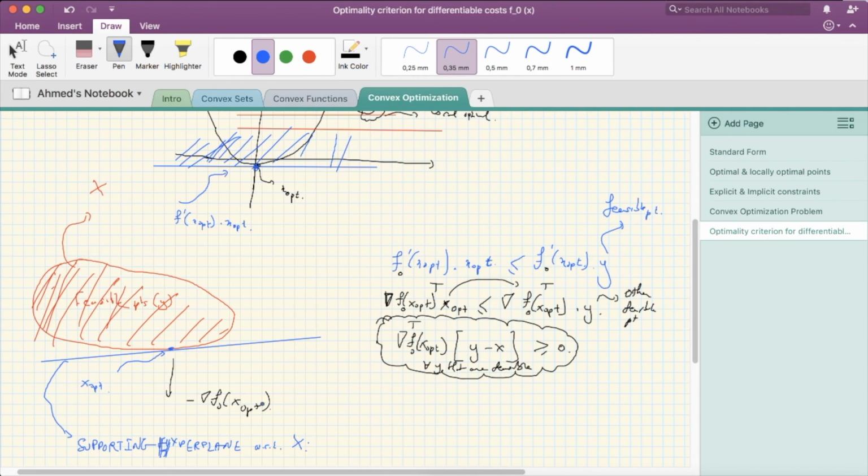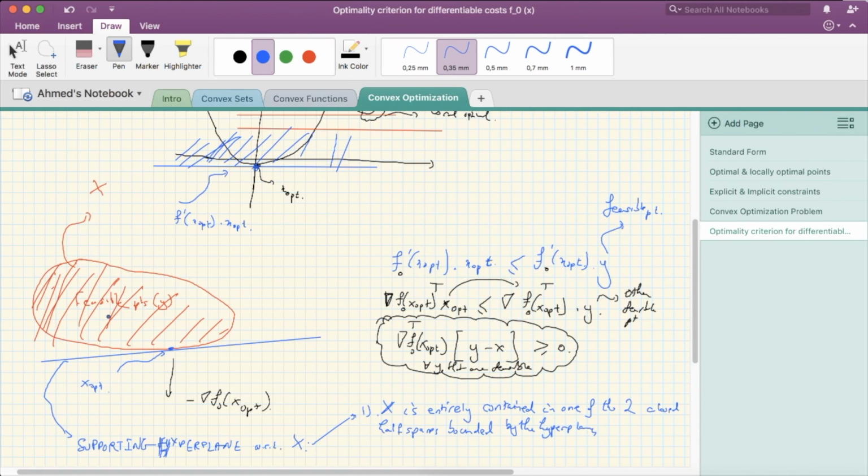So one, X is entirely contained in one of the two closed half spaces bounded by the hyperplane. So in other words, the hyperplane shouldn't pass through the set.